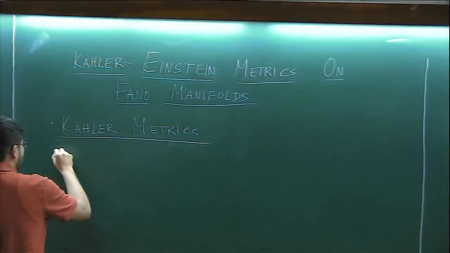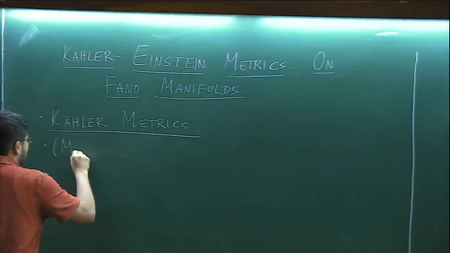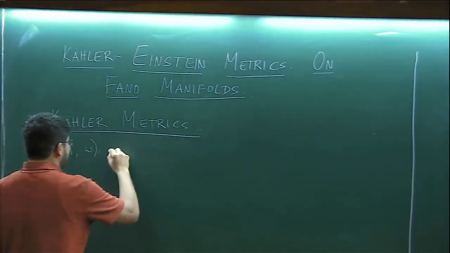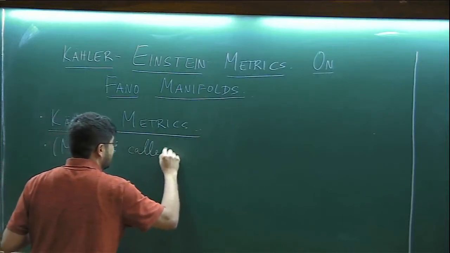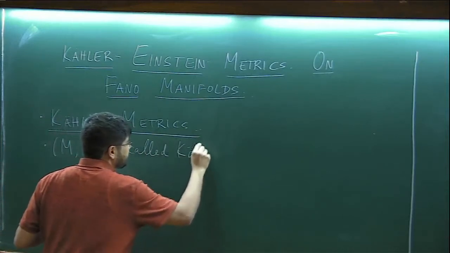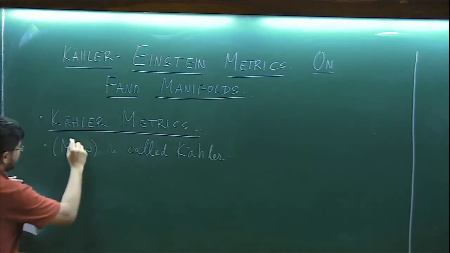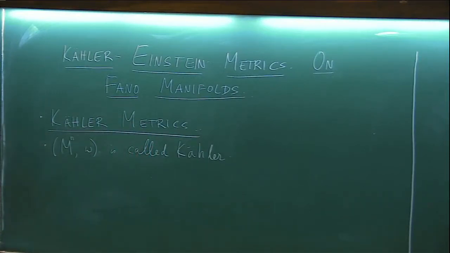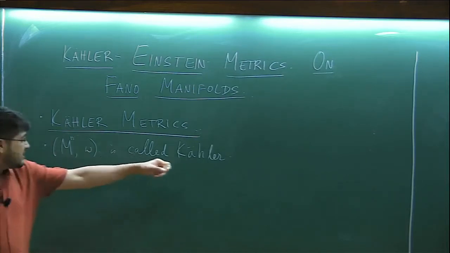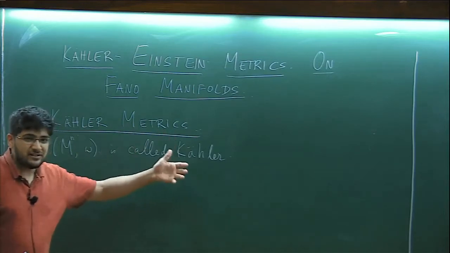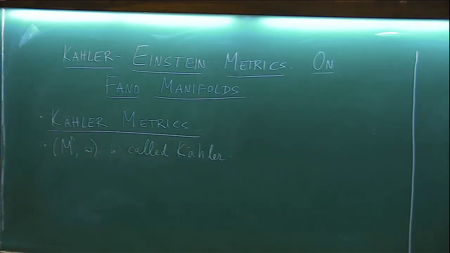(M, ω) is called Kähler. Again, M is always going to be a complex n-dimensional compact manifold, and ω is going to be a special form. That's the additional data which we use to define the Kähler condition.